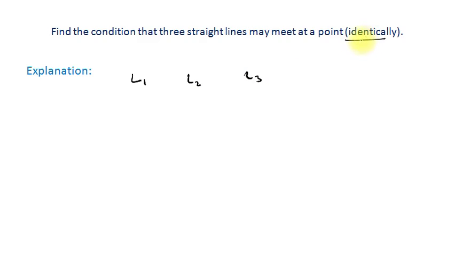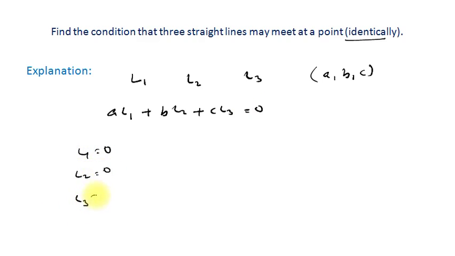But here we find a set of numbers a, b, c such that a L1 plus b L2 plus c L3 is equal to 0, since L1 is equal to 0, L2 is equal to 0 and L3 is equal to 0, the three lines are 0.